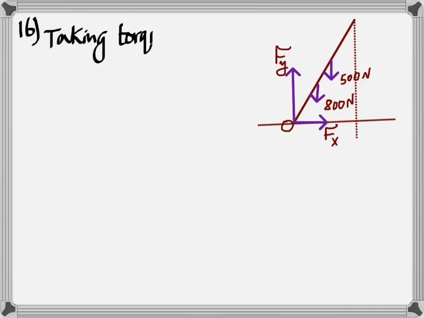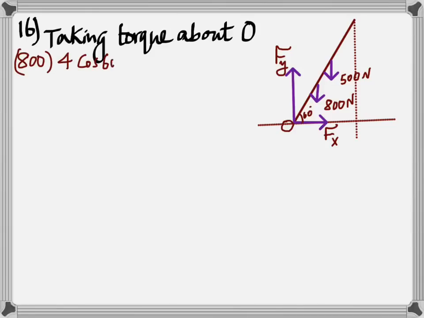And the important thing is to take the torque about the point touching the ground, about O. So that will be 800 times 4 cos 60.